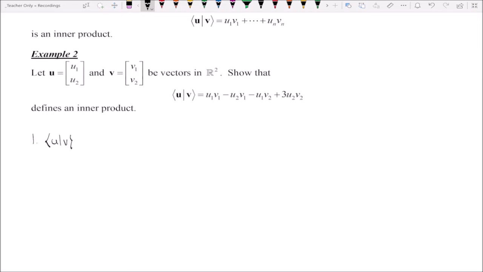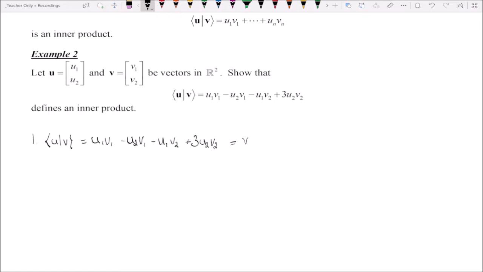We take u with v. By definition, this is u1 v1 minus u2 v1 minus u1 v2 plus 3u2 v2. However, u1, u2, v1, v2 are all real numbers, and we know that multiplication of real numbers is itself commutative.